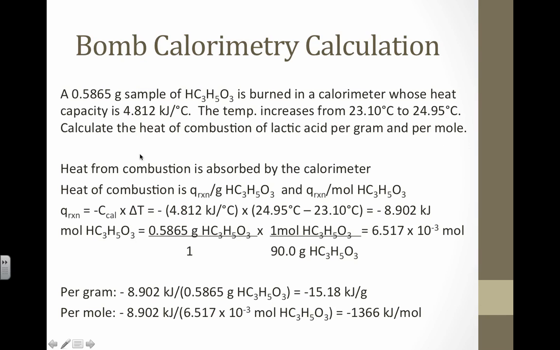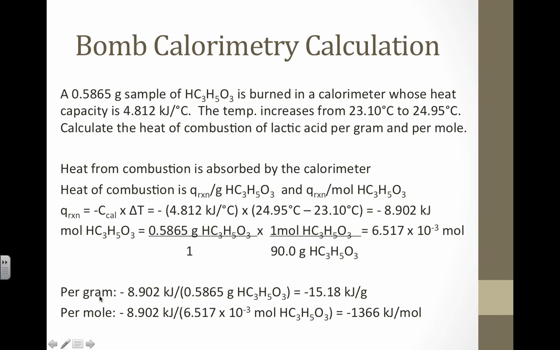Okay. First thing we need to do is figure out the heat given off by the reaction. Now remember, the heat absorbed by the calorimeter is equal to the heat released by the reaction. So for this one, it's the capacity of the calorimeter times the change in temperature, which is shown here. So this is how many kilojoules are given off by the reaction, and we already have grams of our sample, which is lactic acid, and the second part is to convert to moles of lactic acid, because we're going to need two answers.